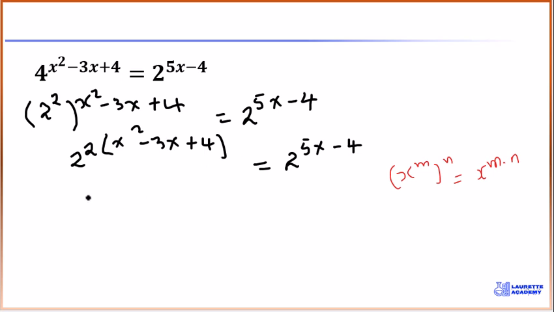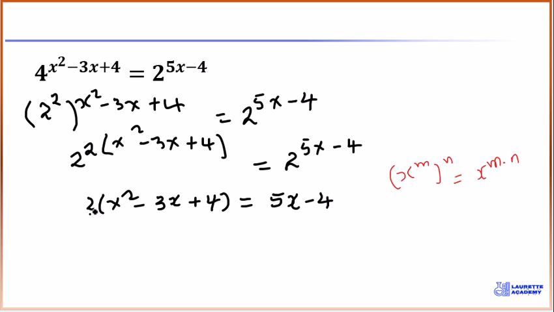And since the bases are the same, we equate the powers. So we write 2 times x squared minus 3x plus 4 equals 5x minus 4. We open out the brackets here by multiplying the left hand side by 2.